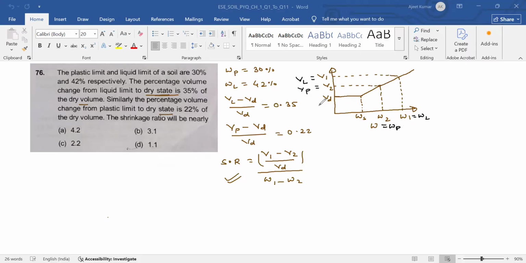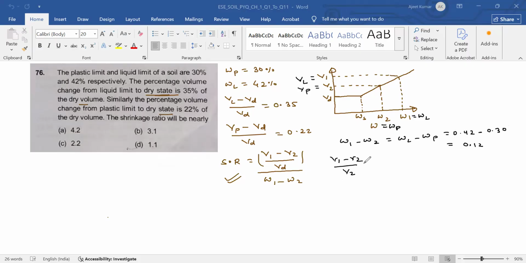This is V dry. So we have to calculate this ratio. W1 minus W2 is nothing but WL minus WP, and this is 0.42 minus 0.30, which is 0.12. Now we have to calculate the ratio V1 minus V2 by Vd.